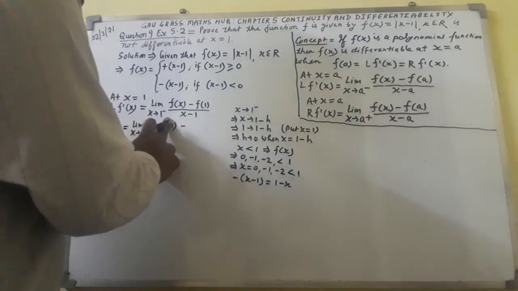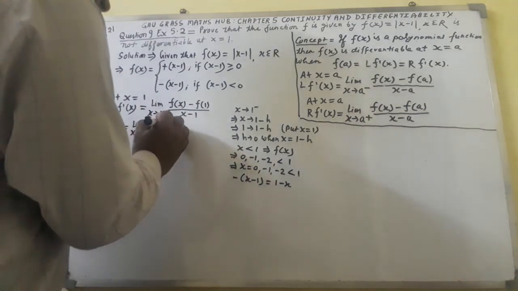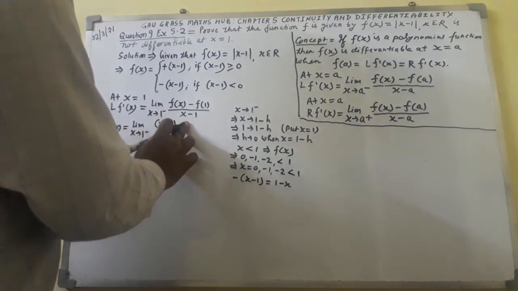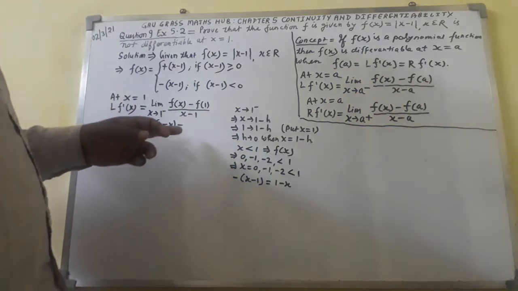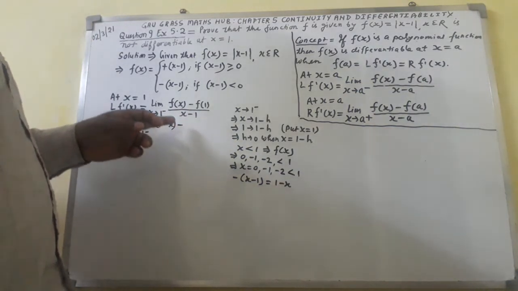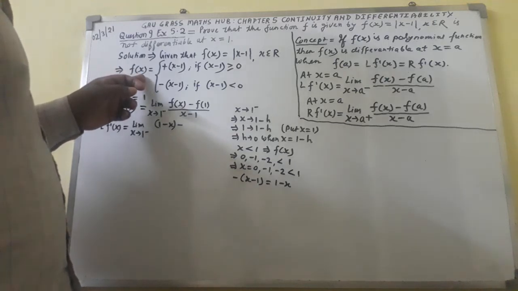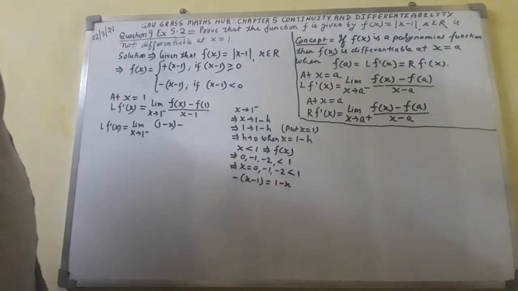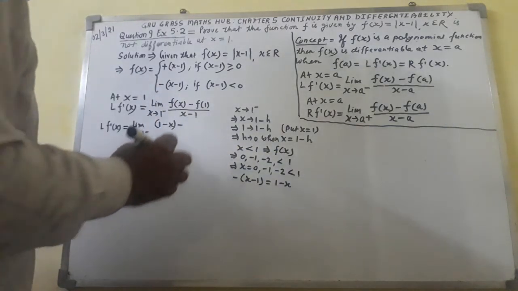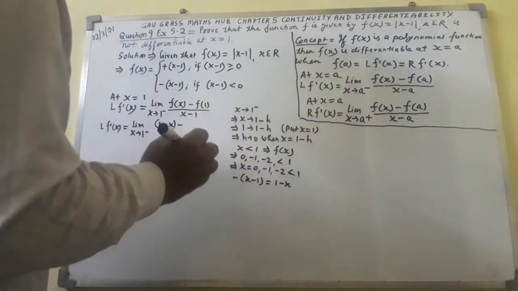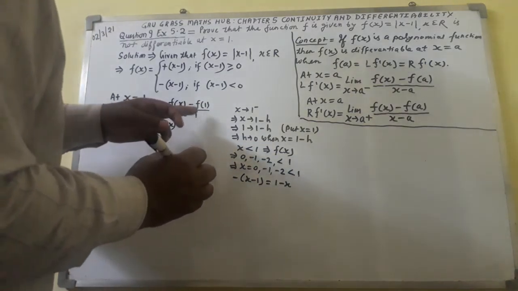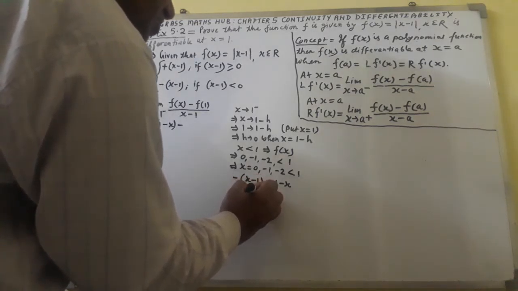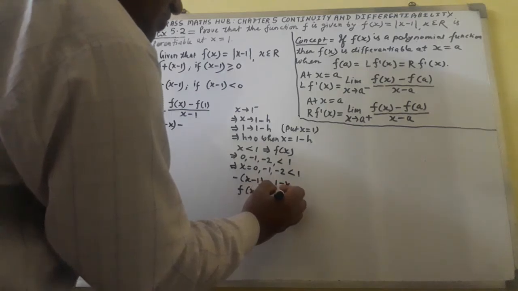So this term can be written as 1 minus x, and the function will be f of x equal to 1 minus x. So here I shall write f of 1, f of x is equal to 1 minus x.